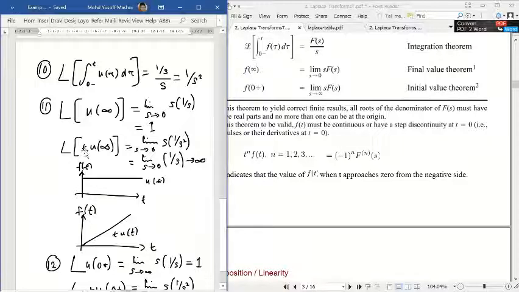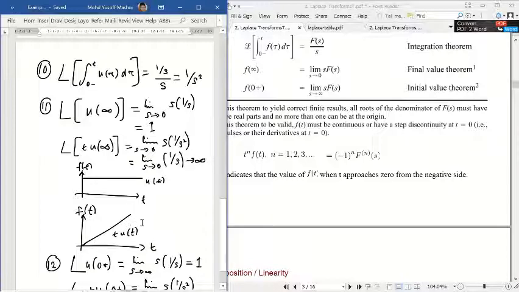Let's try the ramp function. Okay, let's say you have the ramp function like this. The ramp in the s domain is 1 over s squared. So you multiply with the s, you get 1 over s, and then you set the limit to 0. If s is approaching 0, then 1 over 0 is infinity, so this function will approach infinity. So you check here the ramp function at the time of infinity.